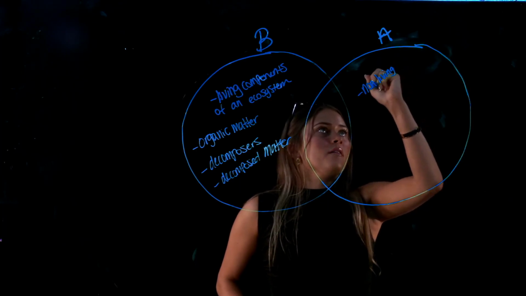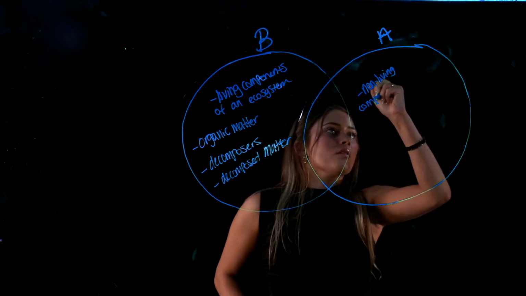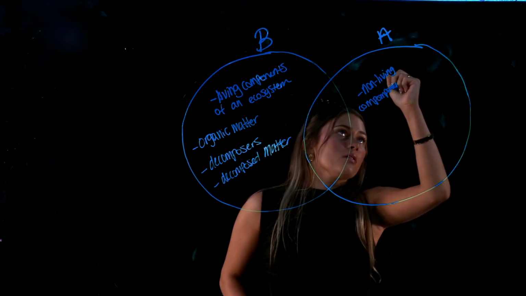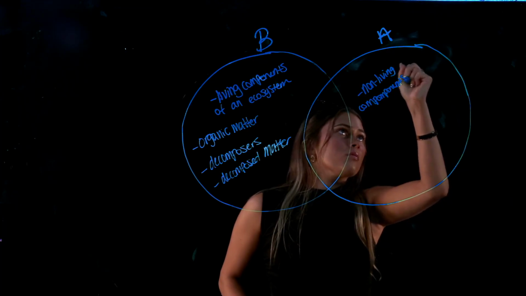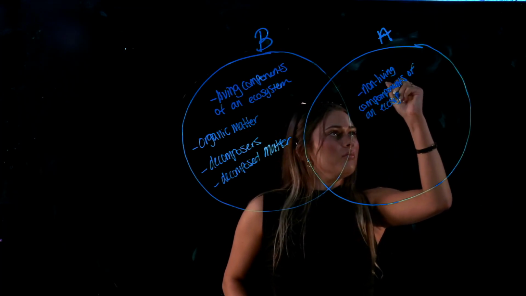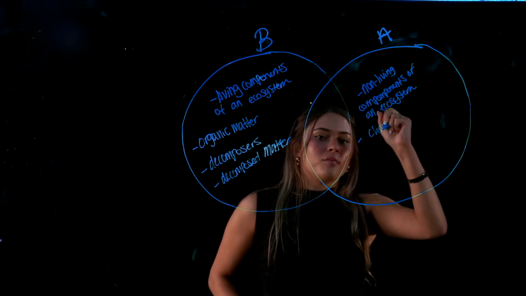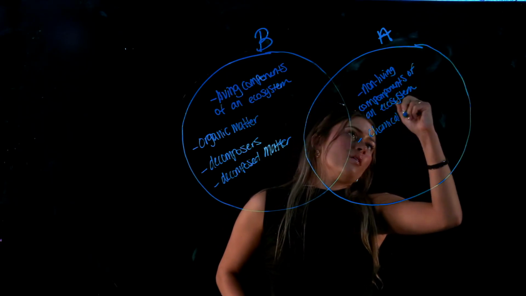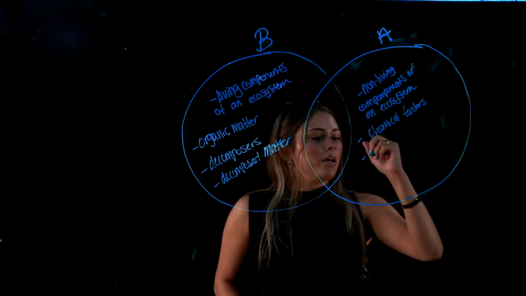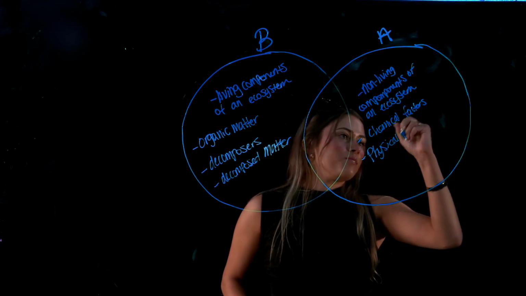And for abiotic, its components are the non-living components of an ecosystem, and then we have chemical factors and physical factors.